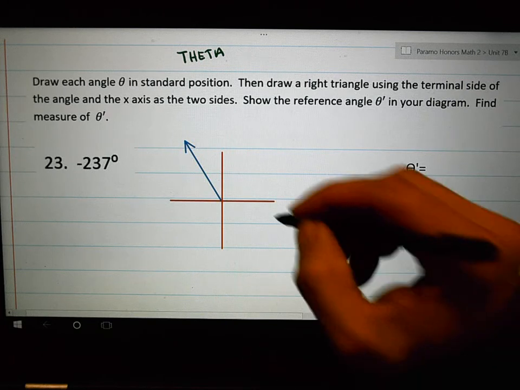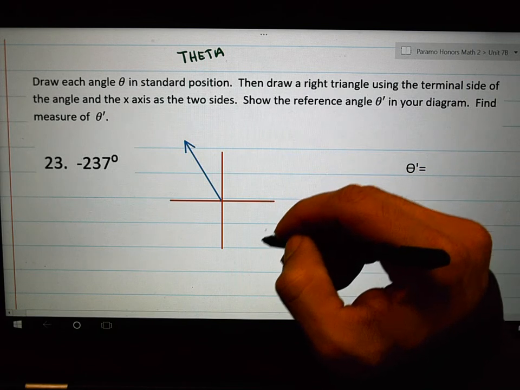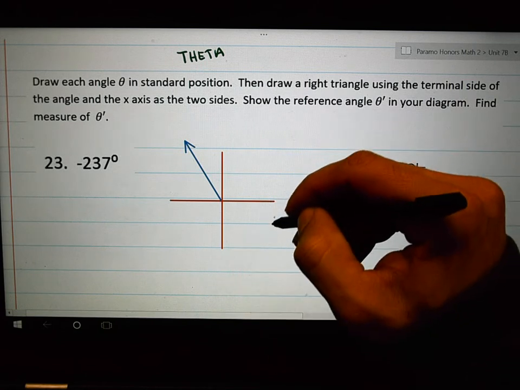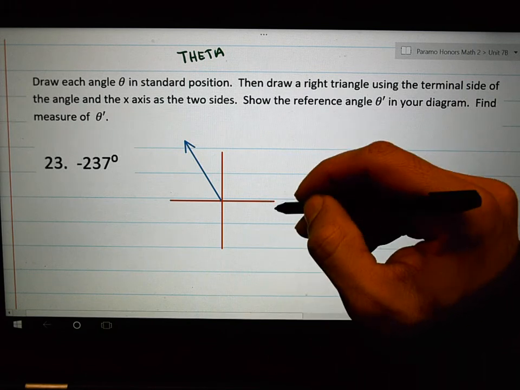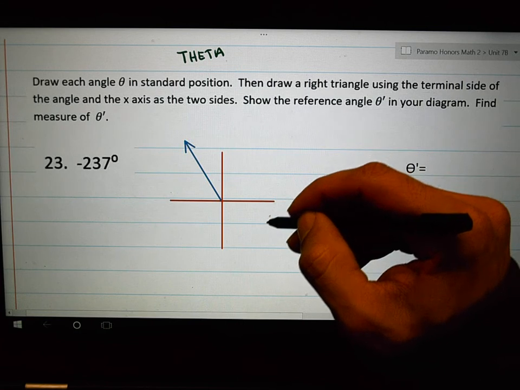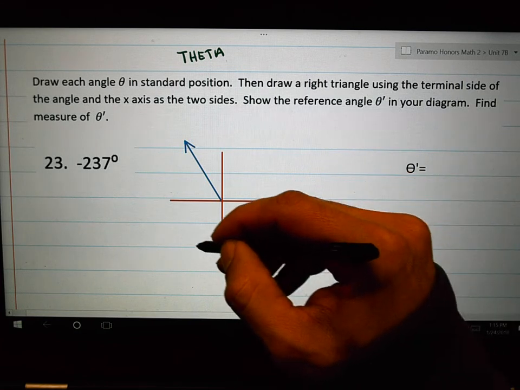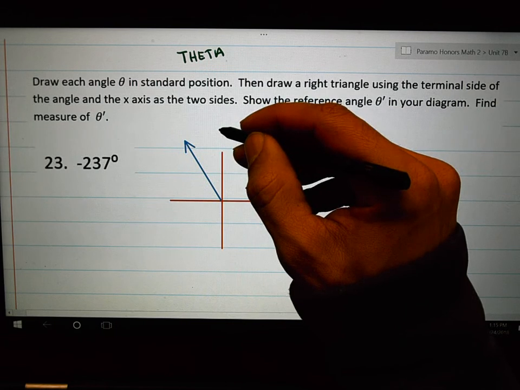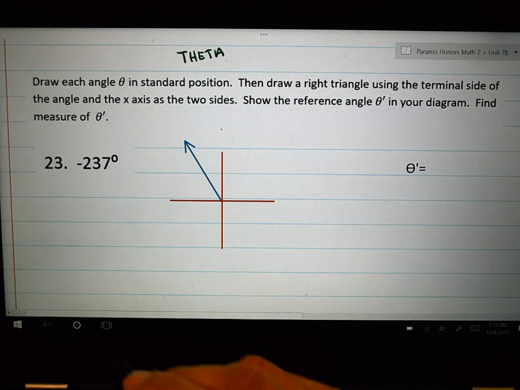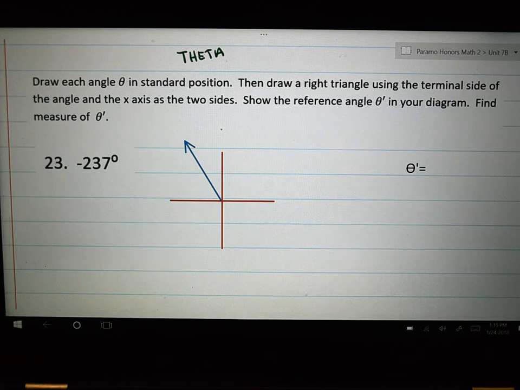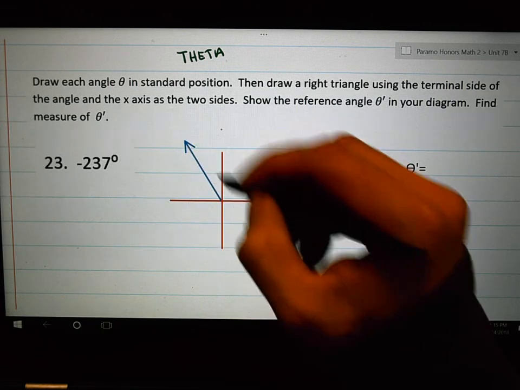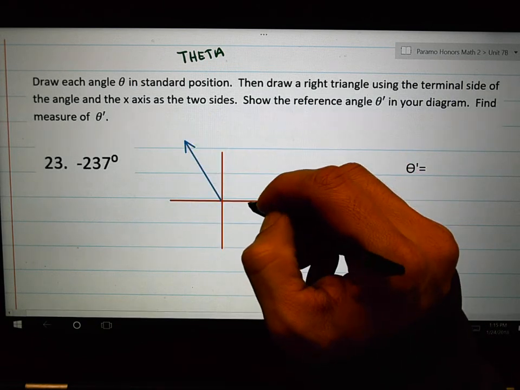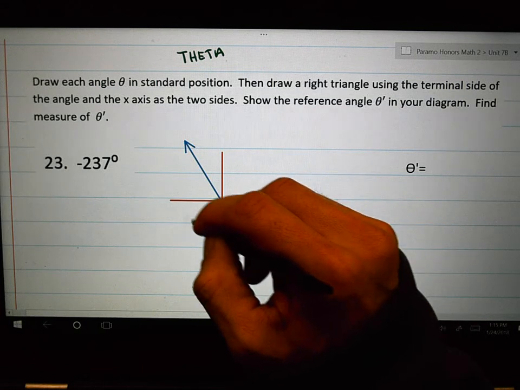If I start here and I work my way around and I go downward because it's a negative angle, let's just count. This is 0 degrees, negative 90, negative 180, and if I keep going, I get to negative 270, too far. So if I'm thinking about this, this is pretty darn close to what I'm looking for right here.